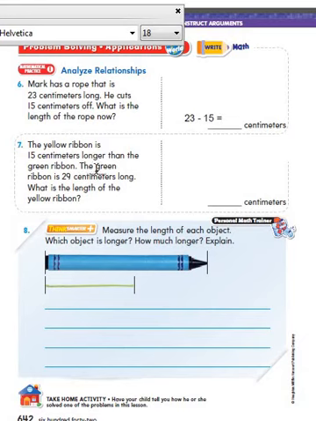And then he said to me the green ribbon is 29 centimeters long. What is the length of the yellow ribbon? We said here they have the same length in part, which is 29, right? But he said to me the yellow is longer than the green by 15. So if I want to get the length of the yellow ribbon, I have to make what? Can I make subtraction to get the length of the yellow ribbon?